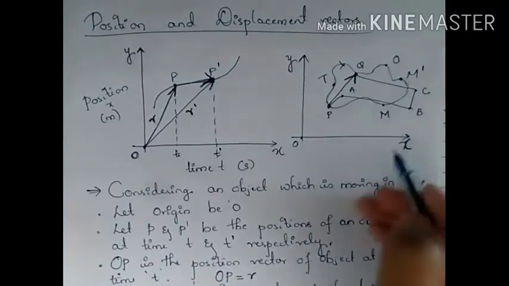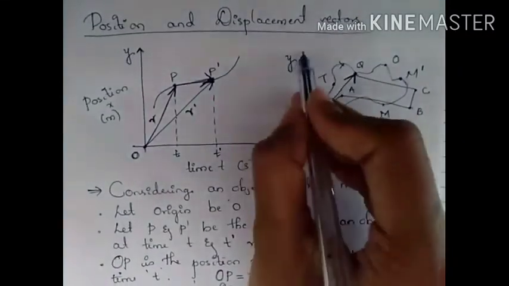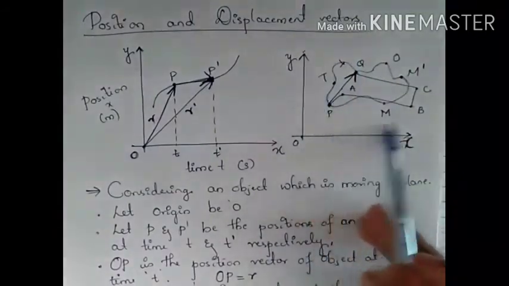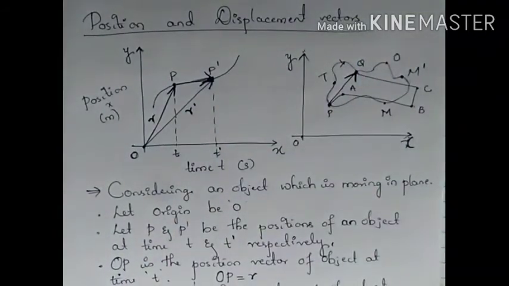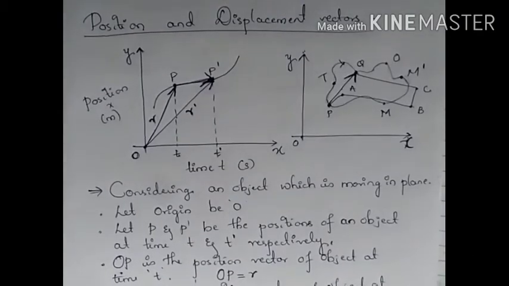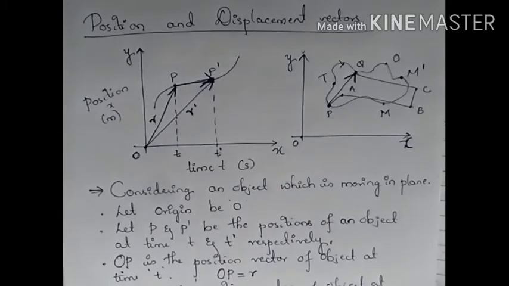You have 2 coordinates here, x and y. Hence the motion of the particle in these 2 coordinates is the motion of the particle in a plane. If you have 3 coordinates, then it can be said as motion of the particle in space.